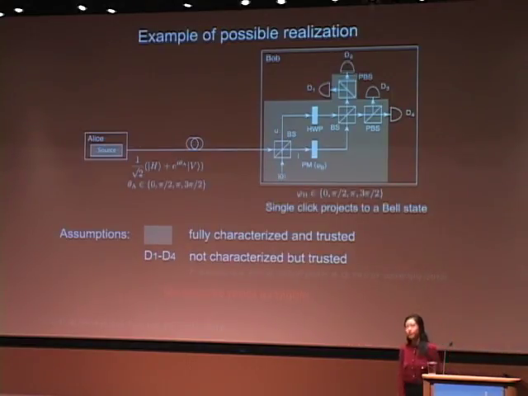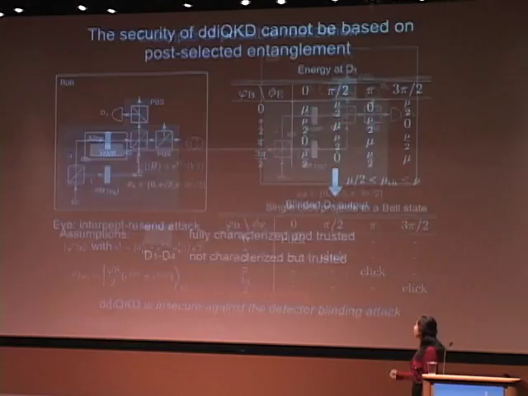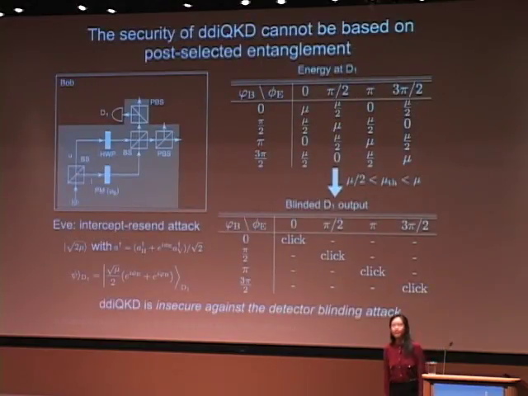Unfortunately, so far, no security proof is available. From our research, we found the security of DDI QKD cannot be based on post-selected entanglement. Why? The reason is the following. As we already know, MDI QKD is based on post-selected entanglement, so when we verify the security of MDI QKD, we only need to measure one Bell state.